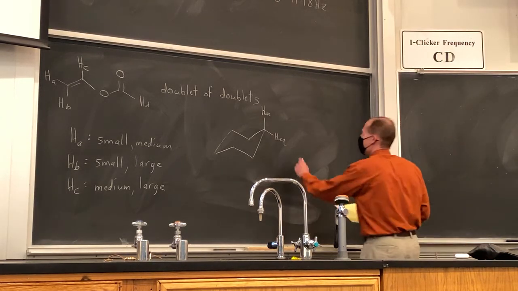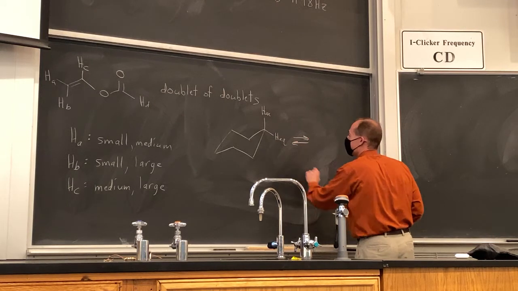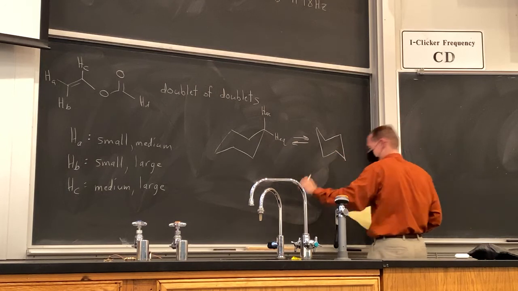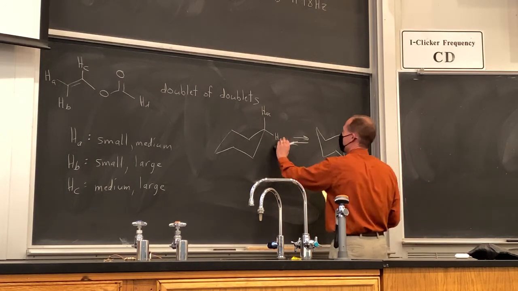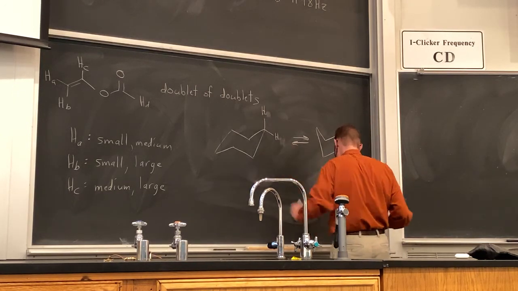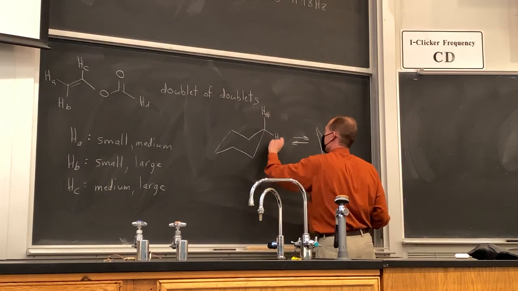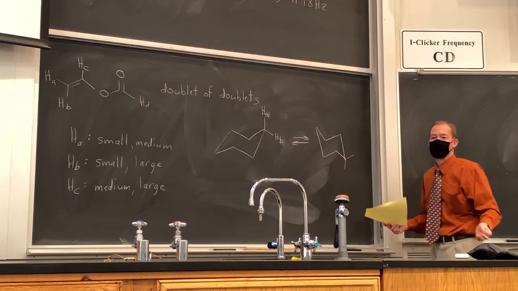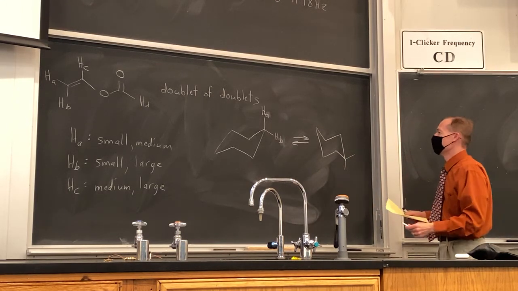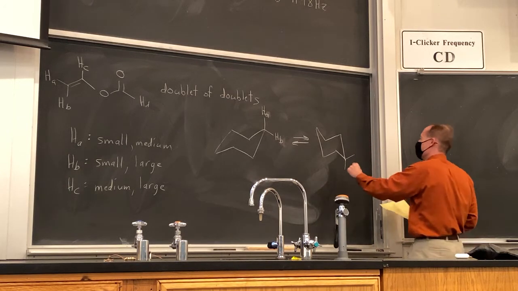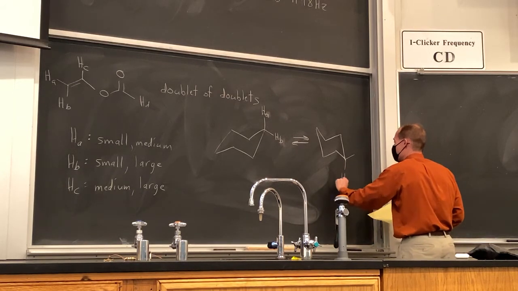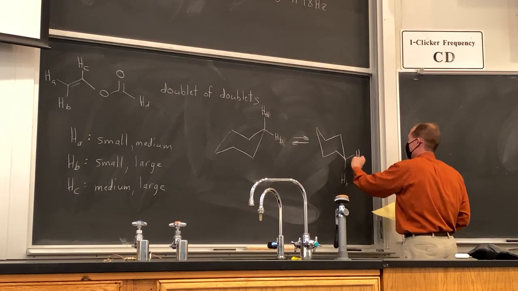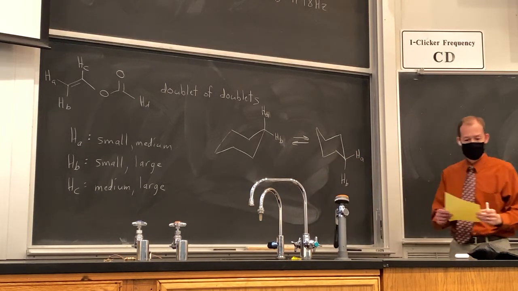The reason is that we have very rapid ring flipping. I'm going to change these from axial and equatorial to A and B to show you that what happens when we do ring flipping is the axial and equatorial hydrogens exchange with each other. So when we ring flip, B is going to go from equatorial to axial. A is going to go from axial to equatorial.